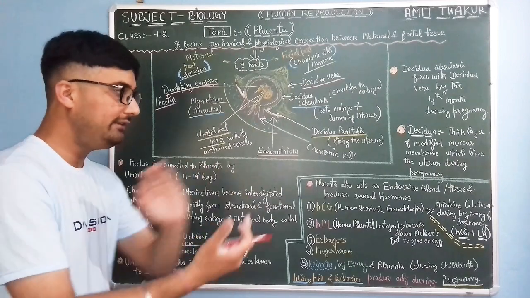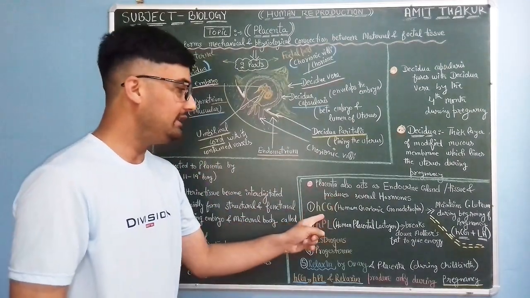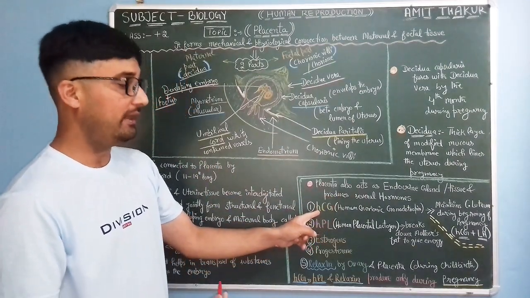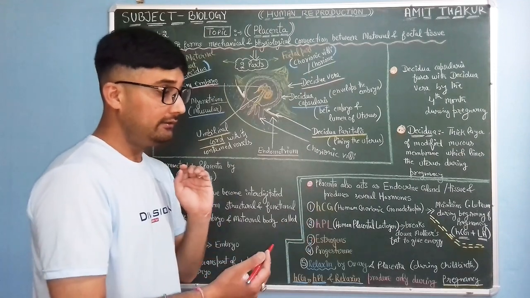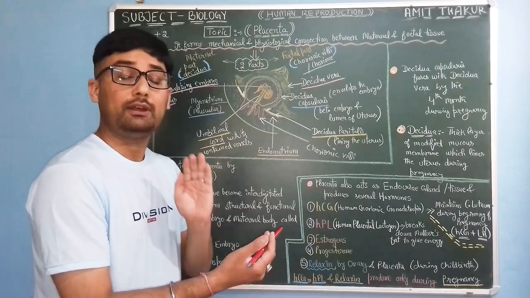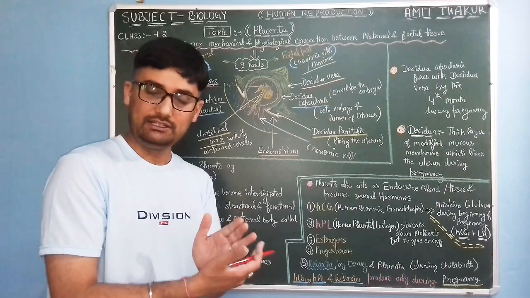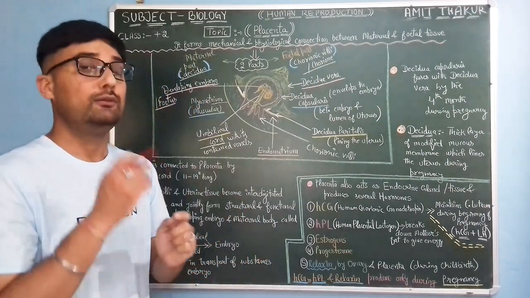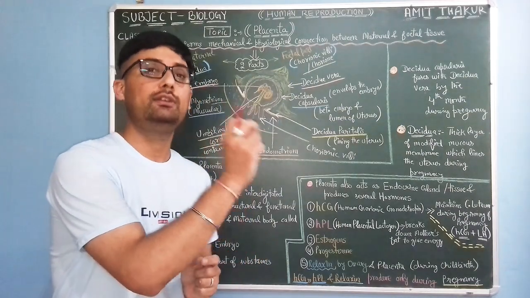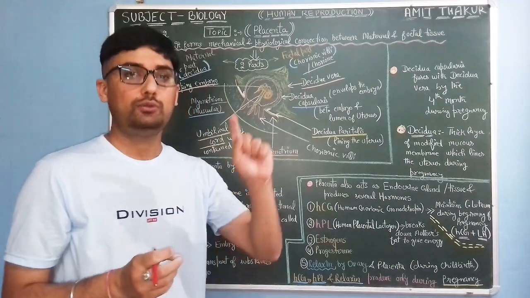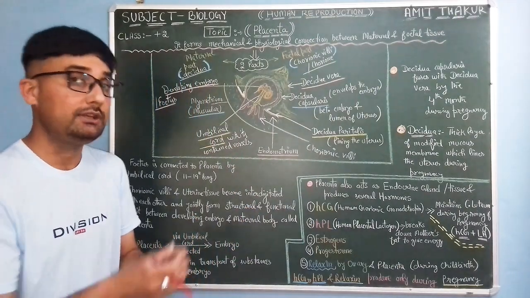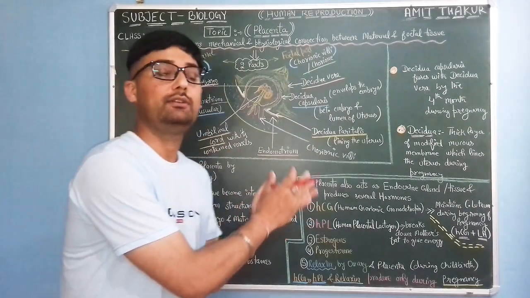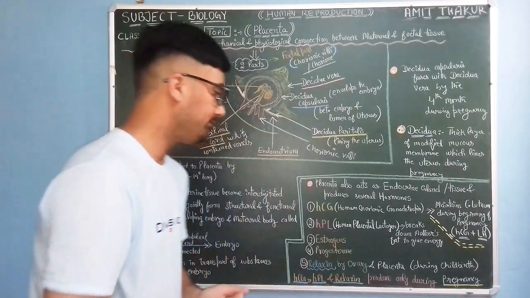So this HCG produced by placenta forms a complex with LH, luteinizing hormone, which in turn stimulates the corpus luteum to secrete progesterone, which in turn maintains the uterine lining.